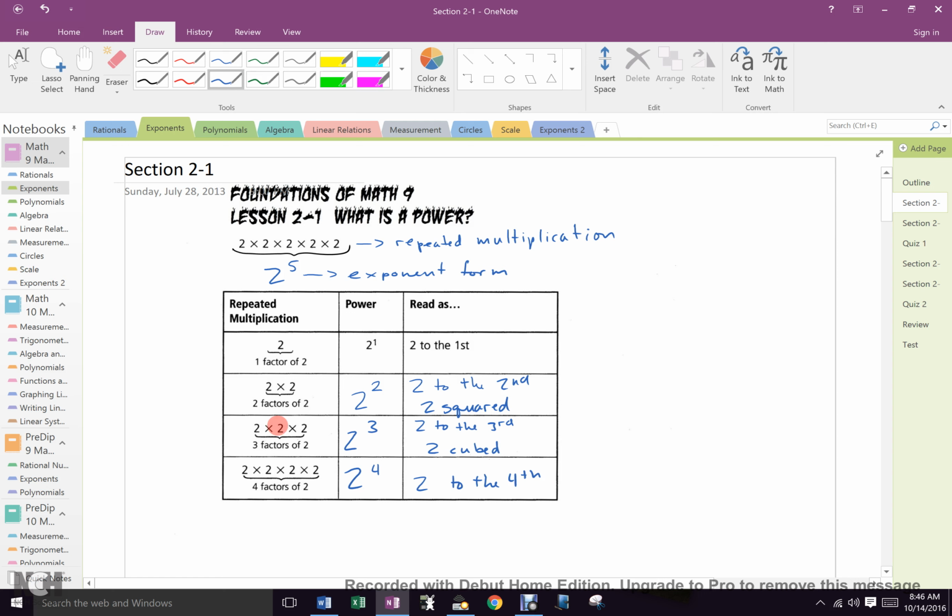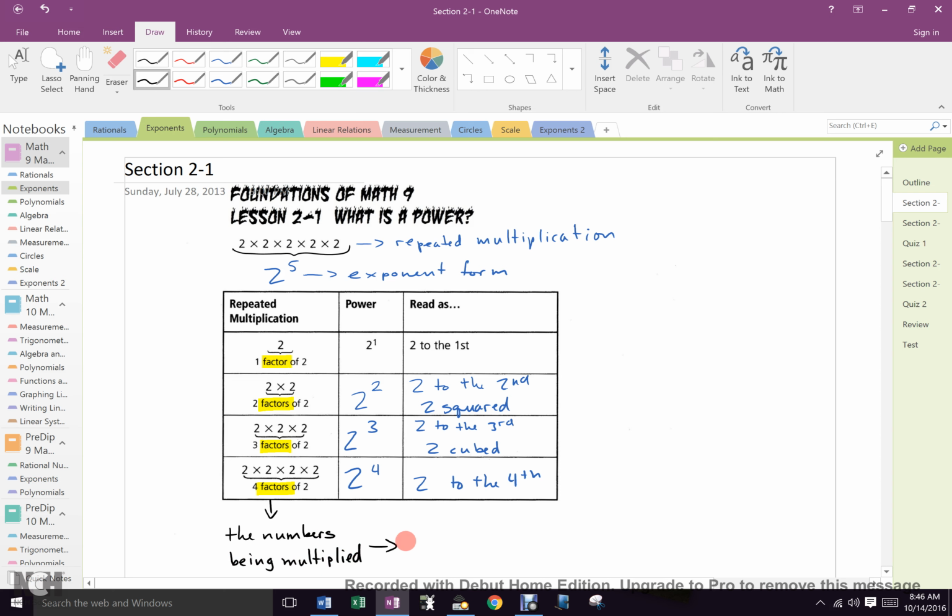Now, there's a word in there that you guys may not know. Factor. Factors are the numbers being multiplied.